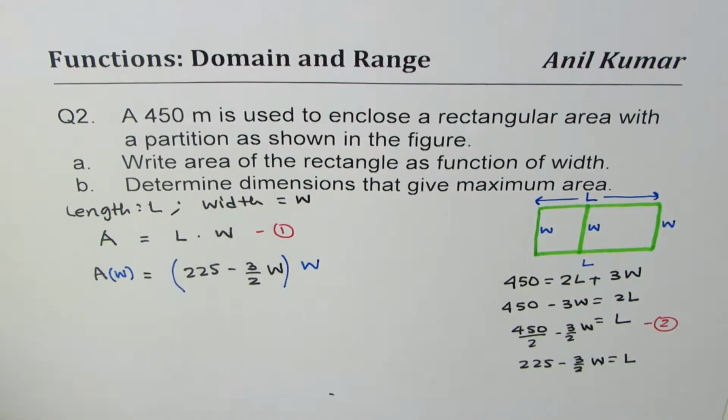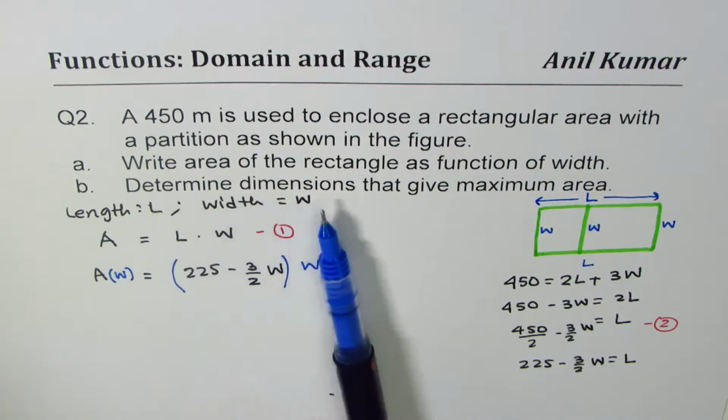Do you see that? That becomes the expression for area, rather a function, area in terms of width W. So that is how you can get the area function in one variable, which in our case is width.